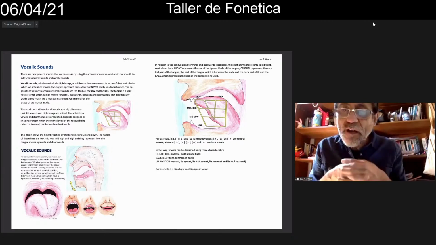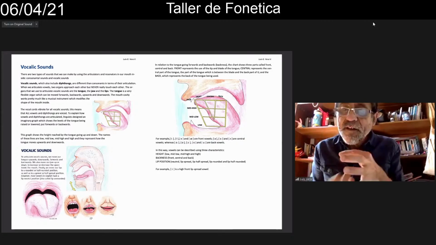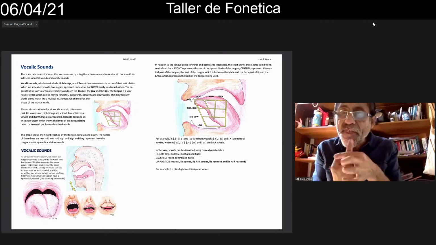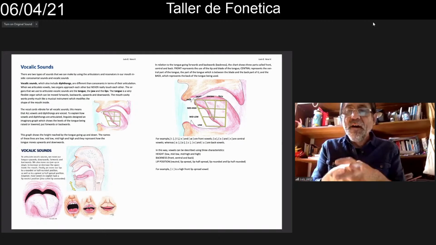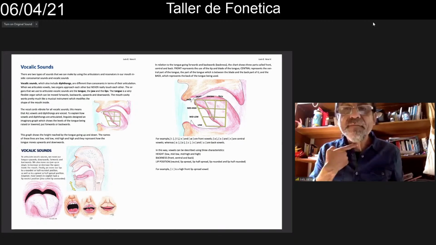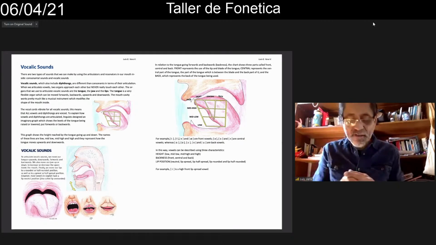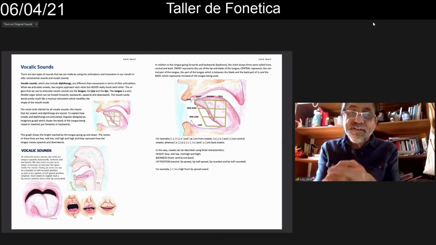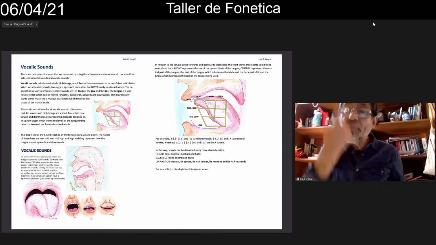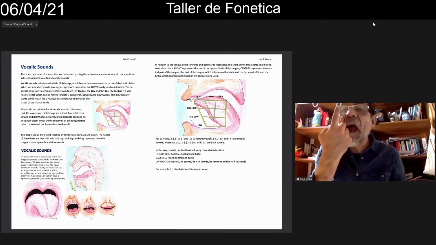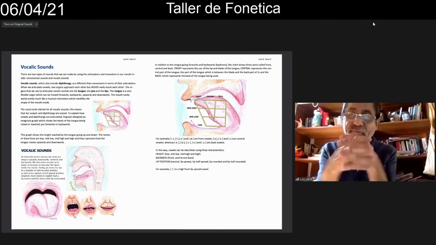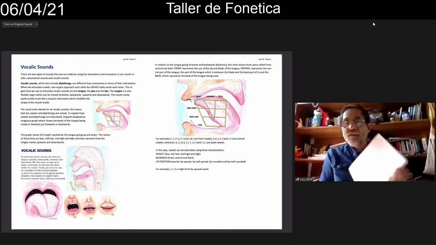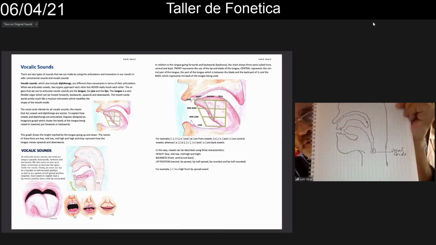When the vocal cords are closed, the air passing by them makes them vibrate. And then you can say it. But when the vocal cords are open, the air passes freely. But that happens in milliseconds, right? So this is more or less what you should know how to draw.